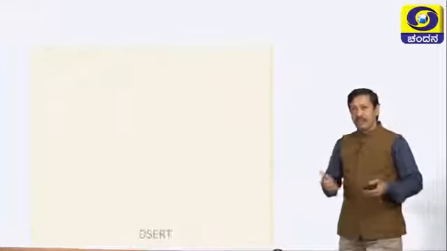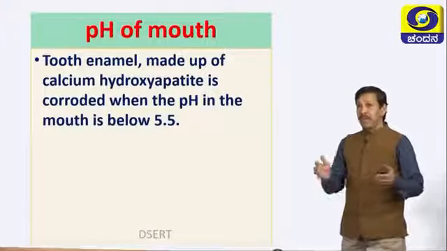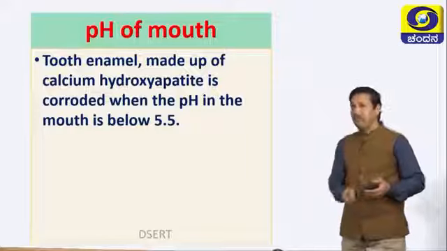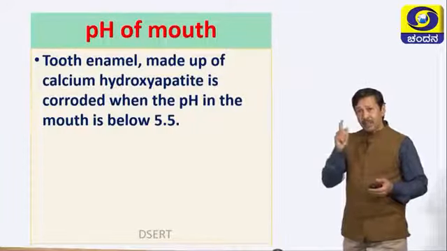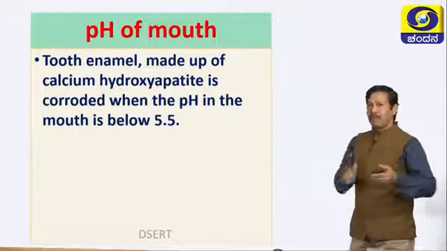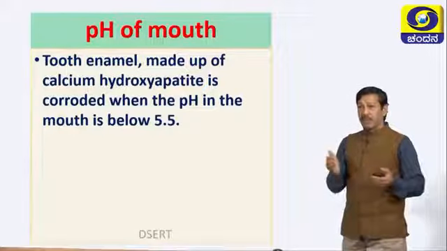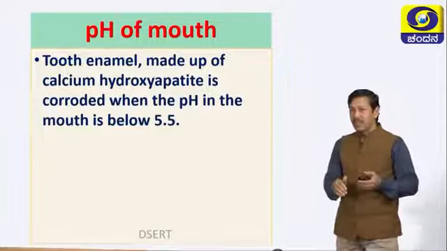Now, pH of the mouth, very important. That's why you have to use paste and you have to brush at least 2 times a day. pH of the mouth is very important because tooth decay occurs with a change in the pH in the mouth.